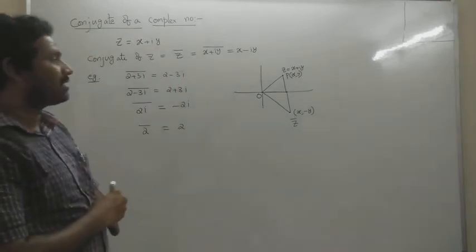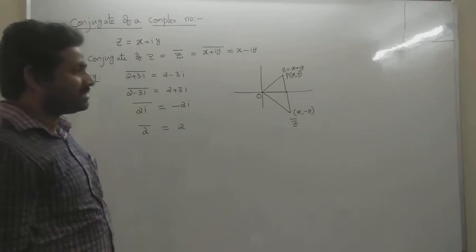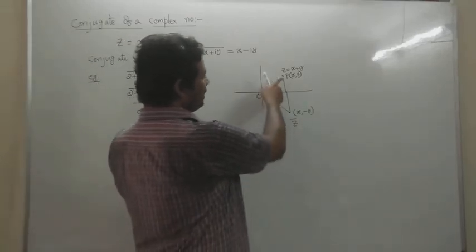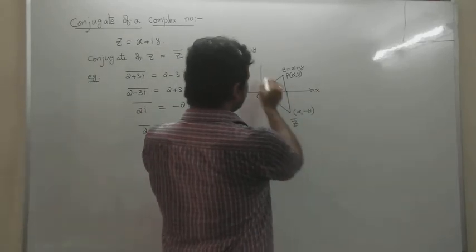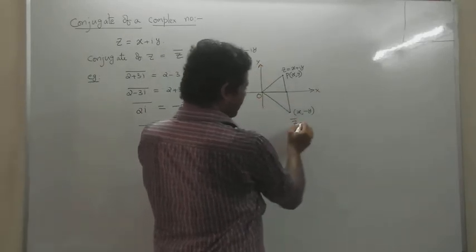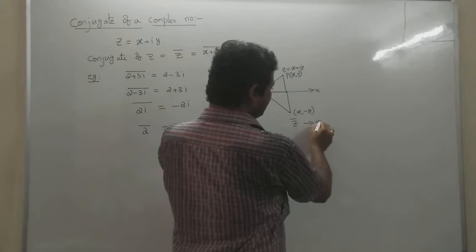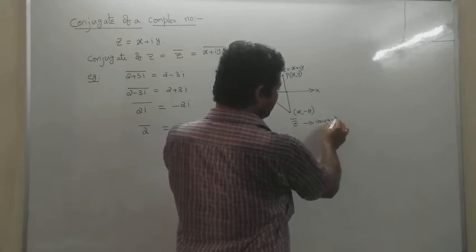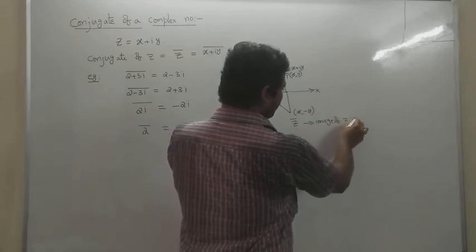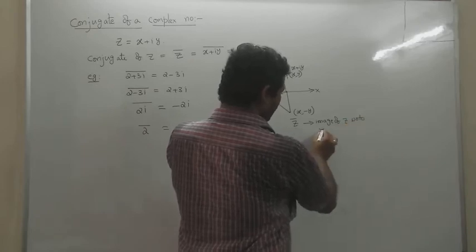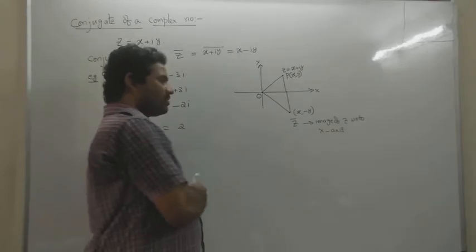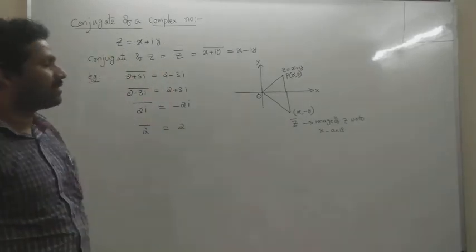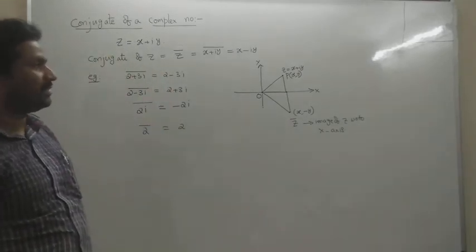That means z bar, the conjugate of a complex number, is the image of z with respect to the x axis. That is the way to find the conjugate of a complex number.